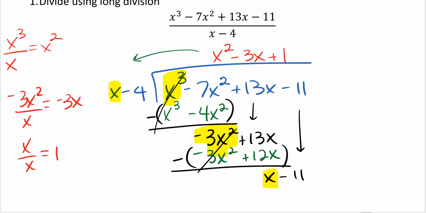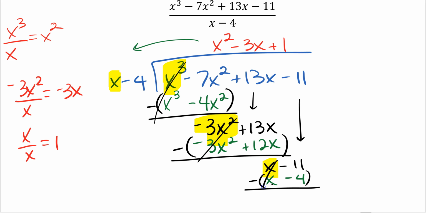And then we're going to multiply. 1 times x is x. 1 times negative 4 is negative 4. And then we're going to subtract this expression. So x minus x cancels out. Negative 11 minus negative 4 is the same thing as negative 11 plus 4, which will give me negative 7.